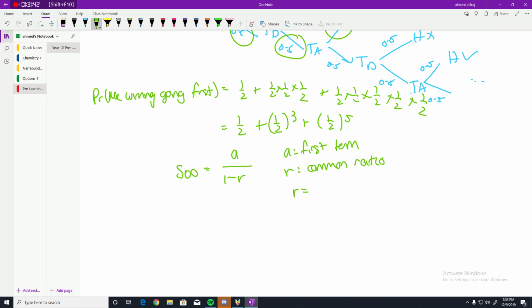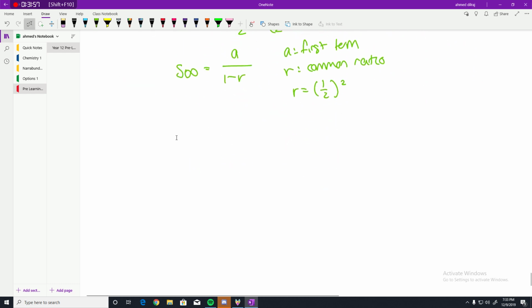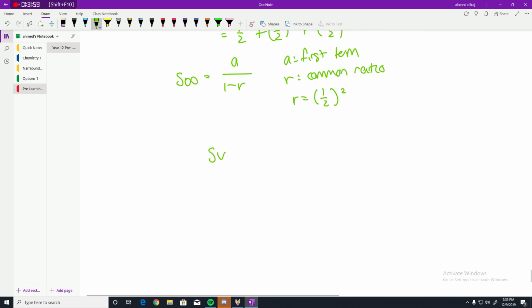So the common ratio in this case is equal to 1 on a half squared, or 1 on 4. Perfect. And then what's our first term, Frank? It's just the half. Perfect. So what we end up getting is S infinity is equal to a half on 1 minus a quarter, which is equal to a half on 3 over 4, which is equal to 2 over 3.